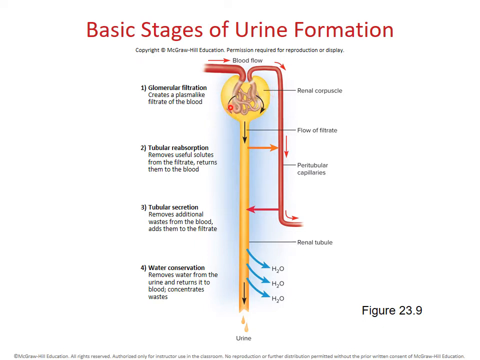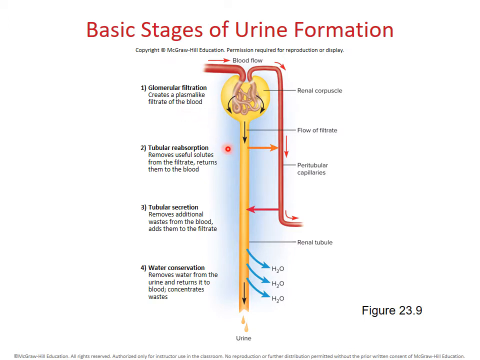Now, clearly, we can't afford to lose 180 liters of fluid a day. I mean, if you think back to our first chapter, we only have about 3 liters of blood plasma to work with in the entire body. So clearly, 180 liters is a very high volume that we could never afford to lose in the form of urine.